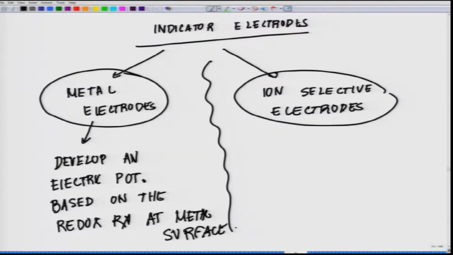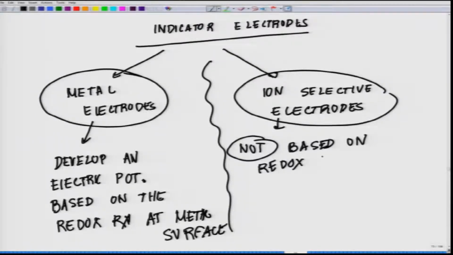On the contrary, ion selective electrodes are not based on a redox reaction or redox process.